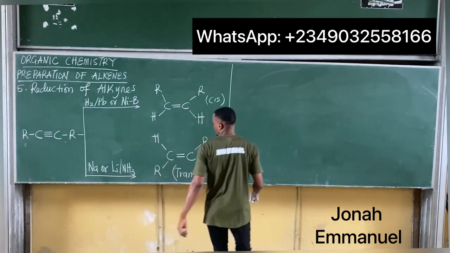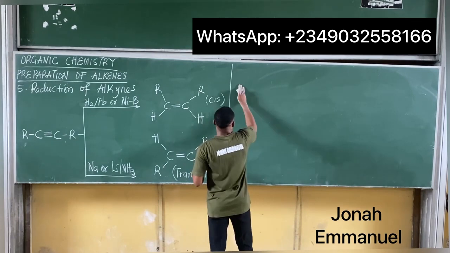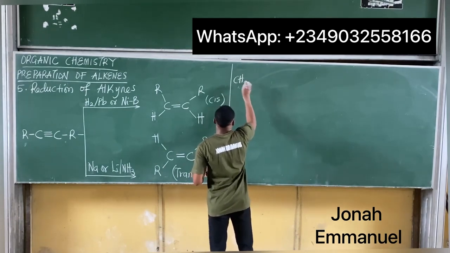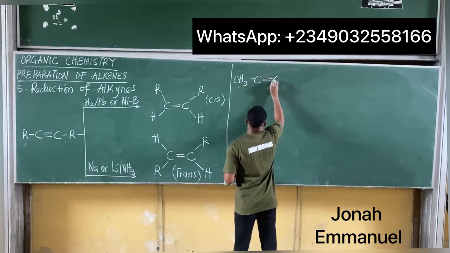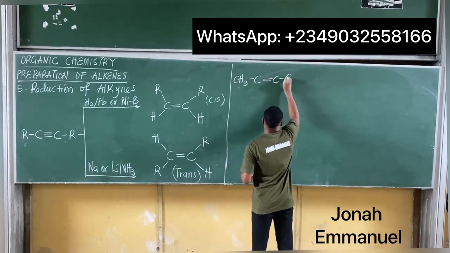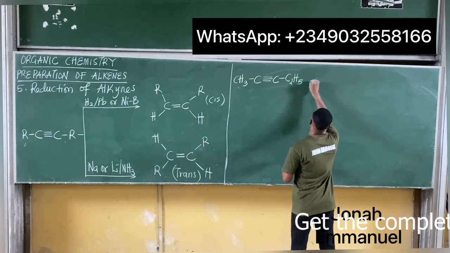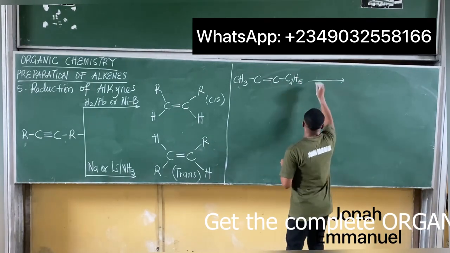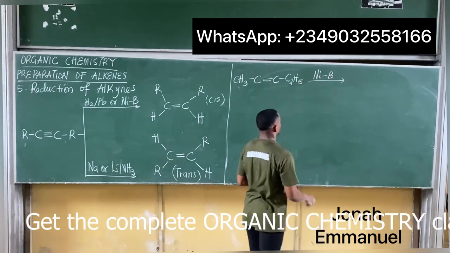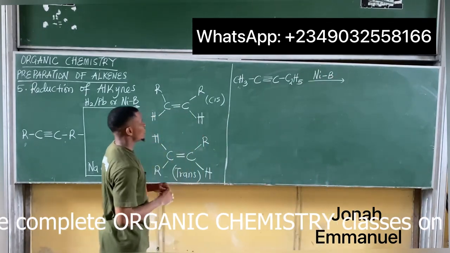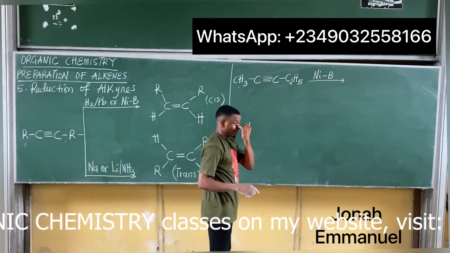Let's say I have CH3 to C triple bonded to C, C2H5, combined with nickel boron. What do you think will be your answer? Write it down.